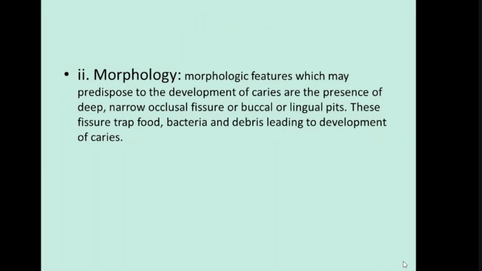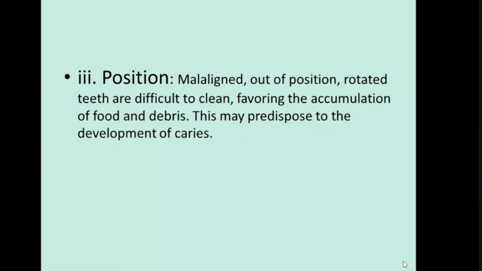We have the morphology. Morphologic features which may predispose to the development of caries are the presence of deep, narrow occlusal fissures or buccal or lingual pits. This means the smoother the surface, the lower the possibility of dental caries. Position. We know that crowded teeth have a higher possibility of caries than aligned teeth.